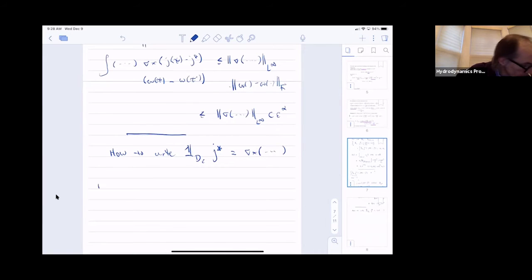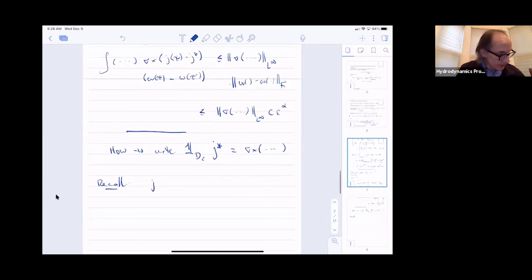So recall, this J star again is the velocity field generated by these vortices, and the way we find it is we take the point vortices, we invert the Laplacian to get a stream function, and then we take the curl of the stream function. And so we already know that by construction, J star is the orthogonal gradient, I would think there's a minus sign, of some psi star.